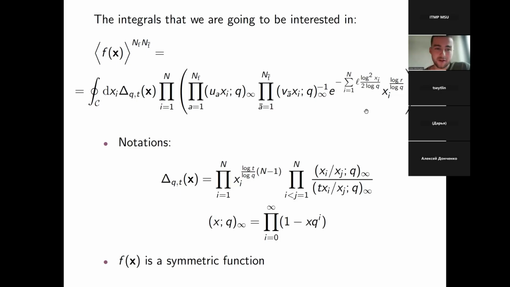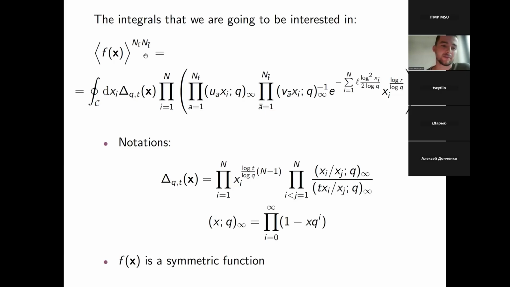So f is any function, and we'll call this the expectation value of f in this Qt deformed matrix model. And then we'll label these different expectation values by the parameters that enter the potential. Here I just wrote NF bar, but in principle, we could also label it by this L and R. Depending on the situation, the label will be a bit different.